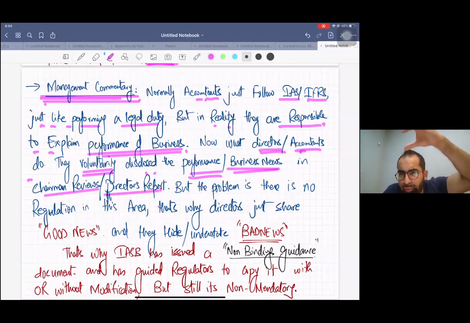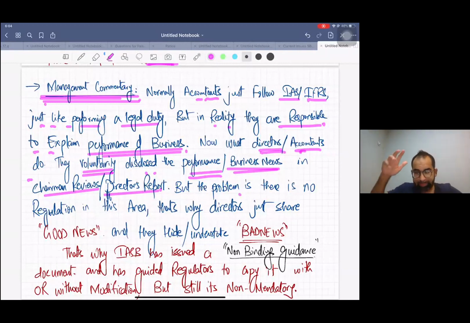There is a section of chairman's review or director's report in which the chairman communicates with the shareholders that segment-wise we are improving, or we are going to launch a new product in future. In this way we'll cut down our competitors, and all the strategies they discuss, right? But the problem is there is no regulation in this area.